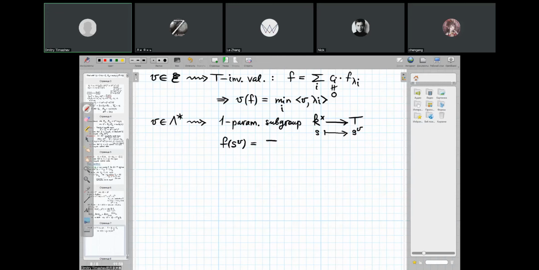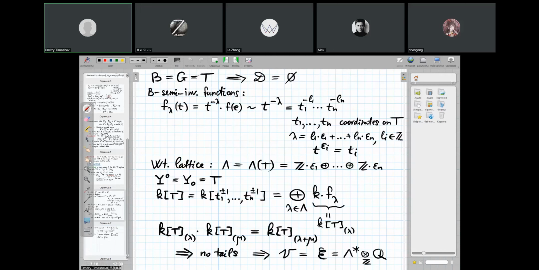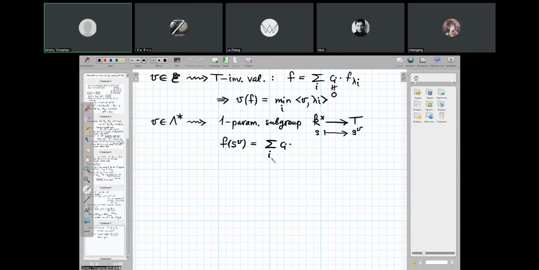We get the sum over all i's of Ci times the value of this character, f lambda I. For f lambda I, we can take this character, t to the power minus lambda I. And if we substitute t equal to s to the power v, then we get s to the power minus the pairing of v and lambda I.